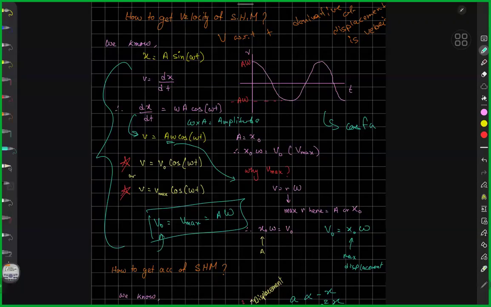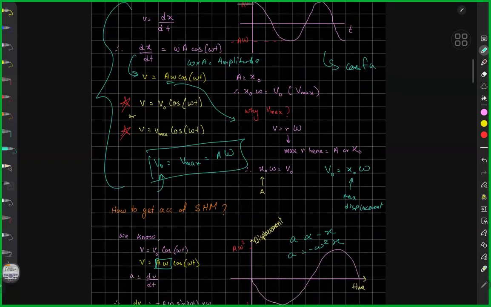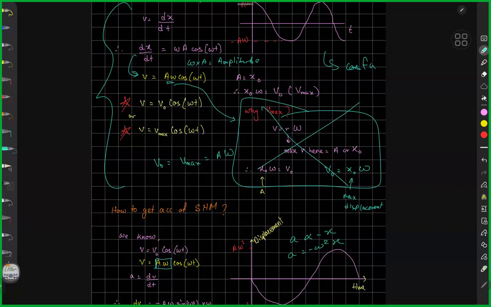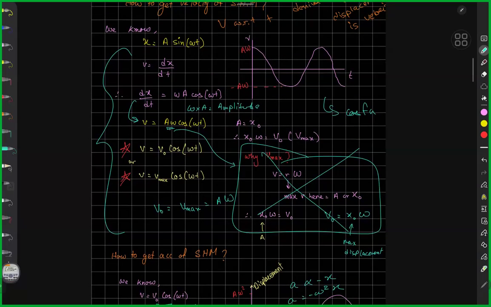But because we're considering r omega, when r is max, your velocity is max, right? And it doesn't even matter. Even if I didn't show you this proof, the amplitude of this graph is the maximum value.